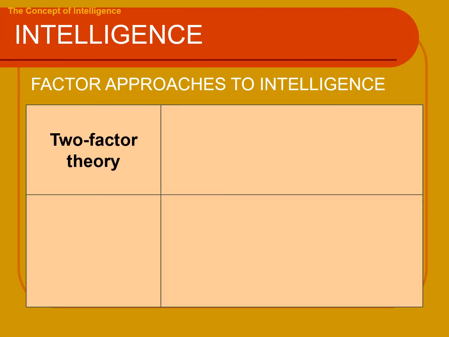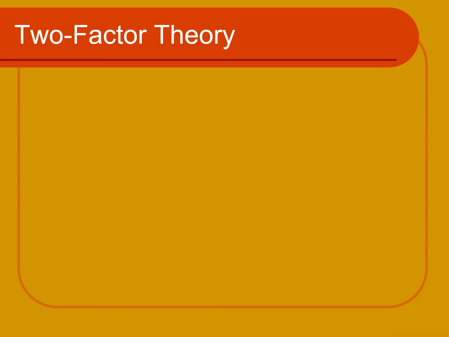The first one was known as the two-factor theory. This theory postulates that there is this single monolithic entity. It surrounds us, it penetrates us, it binds the galaxy together. No, that's the force.